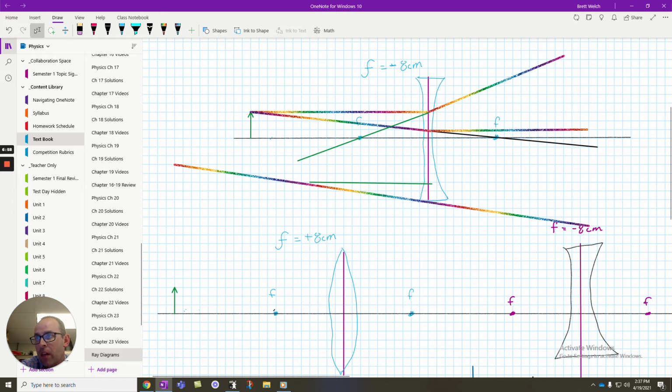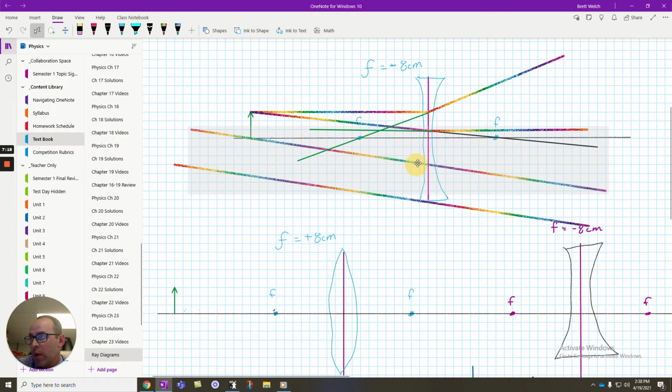And if we follow that, remember our eye's over here on the right. If we follow the light back to figure out where in the heck the light seems to be coming from, you could follow that back with this green arrow. So these green lines are where the light appears to be coming from. And the last ray is always the central ray.